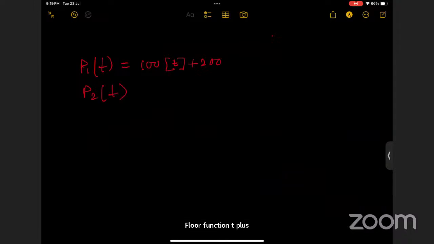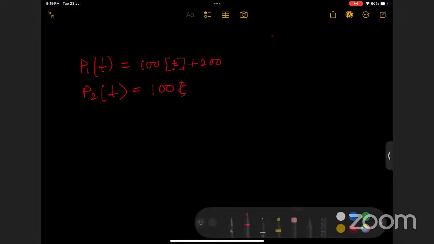Yeah. So we have the P1 function as 100 floor function of t plus 200. Oh, sorry, they are different functions.